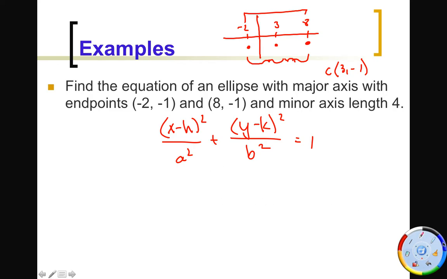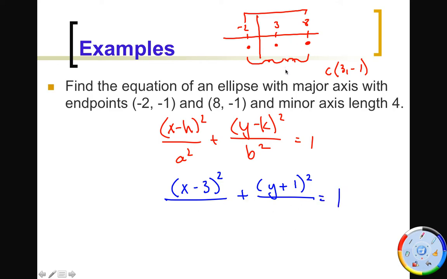So I can start writing some stuff in here. I can say I have the equation (x minus 3), from my center, over something, plus (y minus k). k is -1, so it's actually a +1, over something, and equals 1. We've got to figure out what it's over.